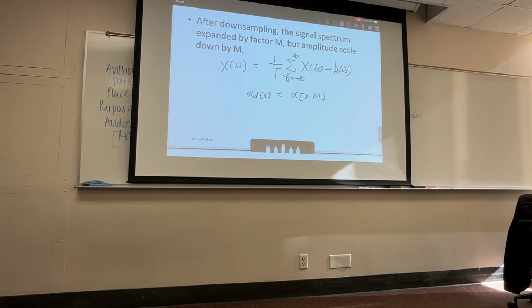Okay, so if you look at the frequency spectrum, when you do a discrete time Fourier transform, if I scale the time domain by a factor of m, what happened to the DTFT output? So the output, xd of omega, will be equal to, so how do we scale?